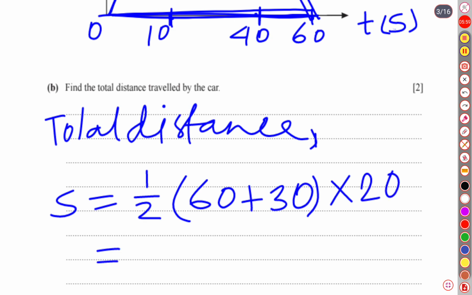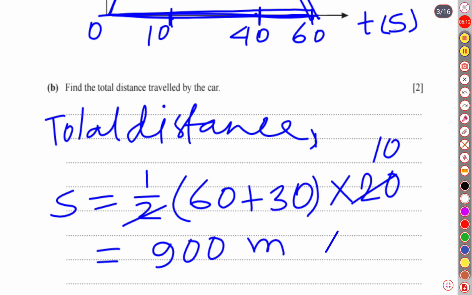If we do calculation, how much will we get? Half of 90 times 20, it is 10 times 90, which is 900 meters. So this is what the total distance traveled by the car. That's all about this answer.